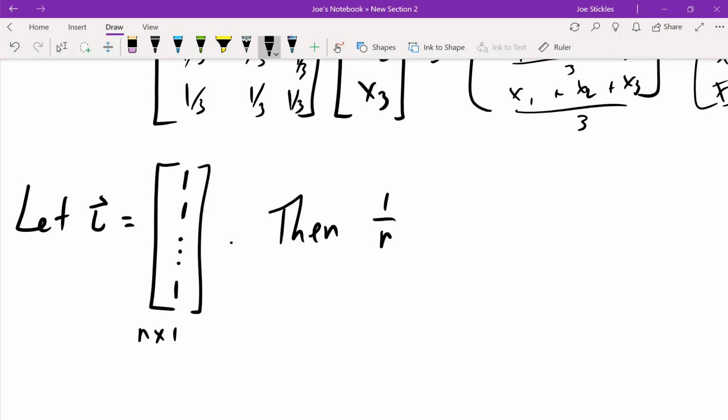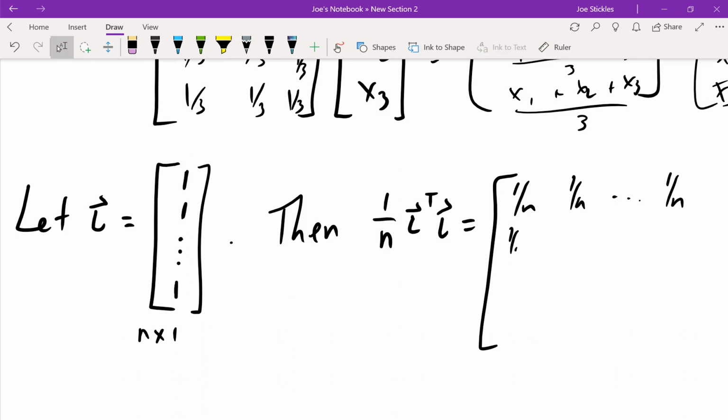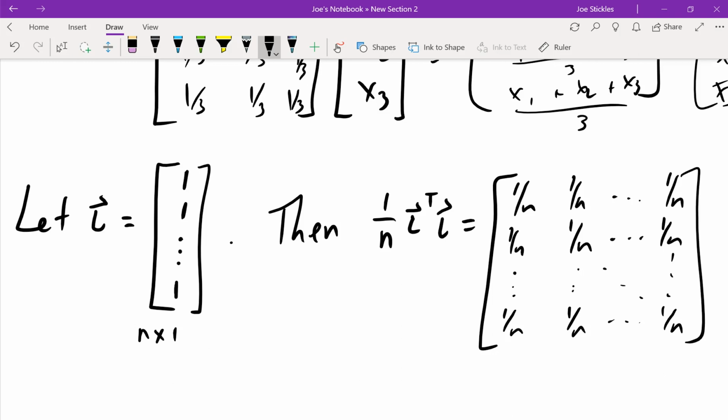Then if I do 1 over n times I transpose times I, I get this n by n matrix that I just did above. You can check that out because I'm doing a 1 by n.